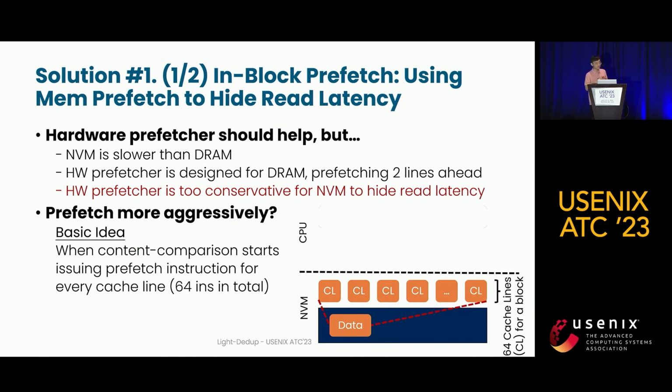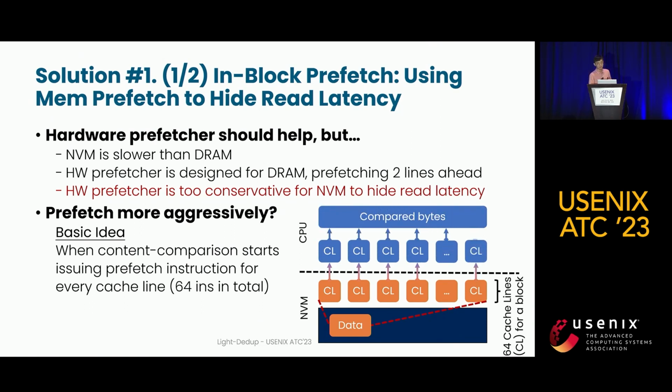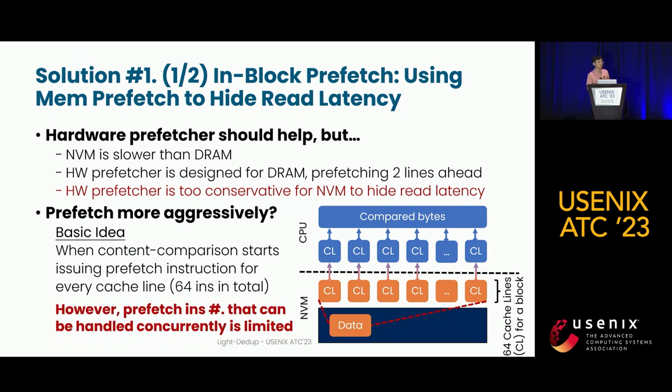That is, when content comparison starts, we issue a prefetch instruction for every cache line of that data block. Thus, a total of 64 instructions should be issued for one block. However, the number of prefetch instructions that can be handled concurrently by the CPU is limited, which might serialize most of the prefetch instructions, failing to fully exploit the parallelism.